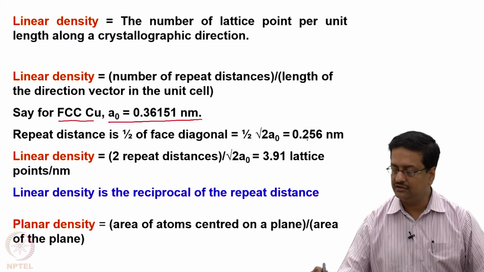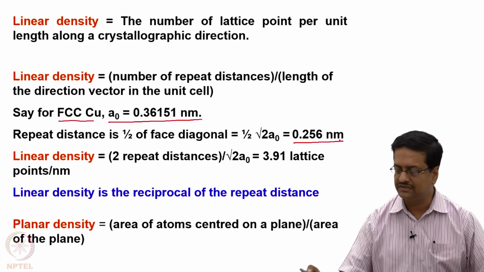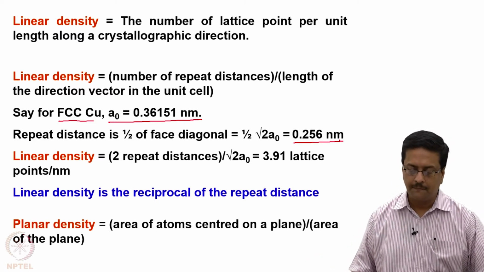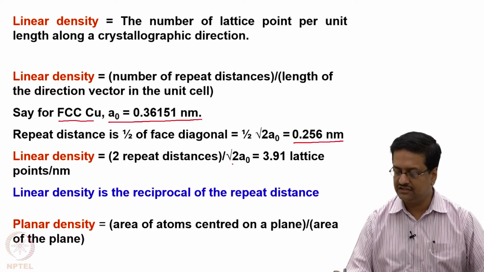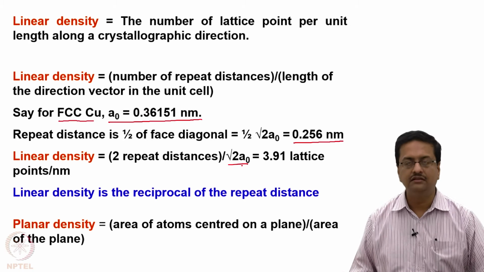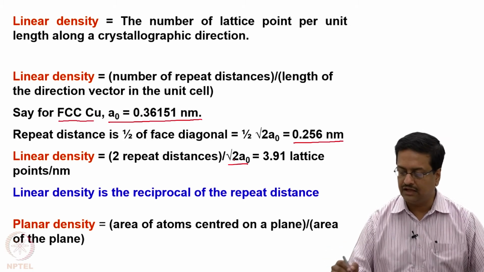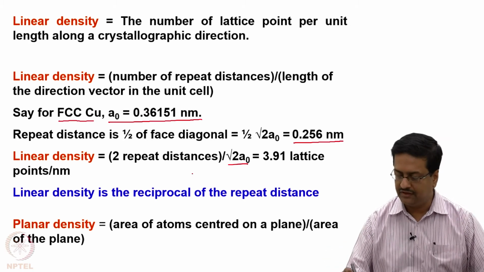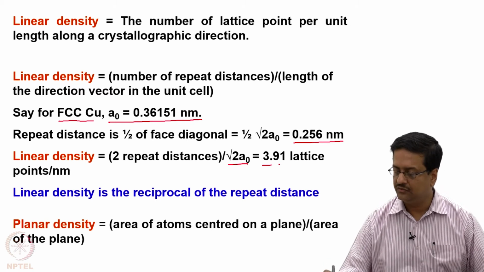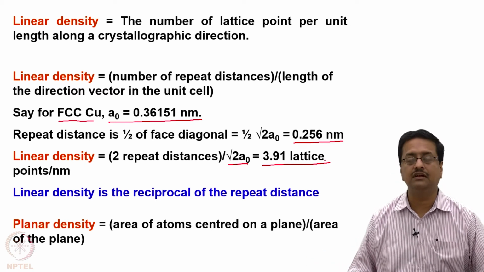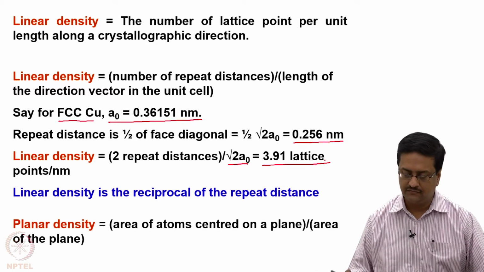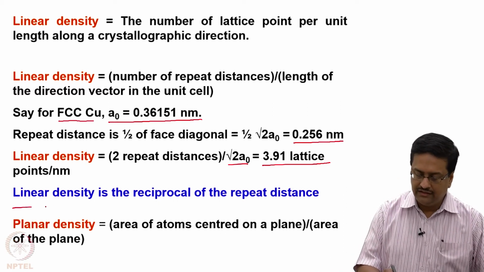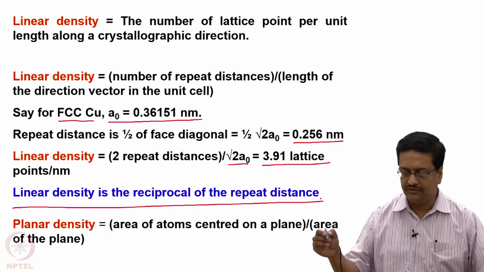So we calculate it to be 0.256 nanometer. So the linear density is 3.91 lattice points per nanometer. And linear density is the reciprocal of repeat distance.